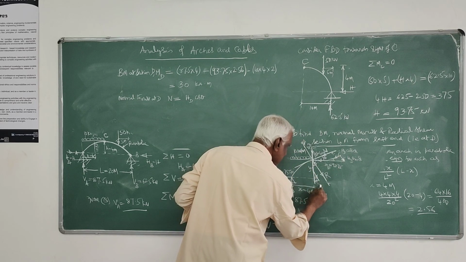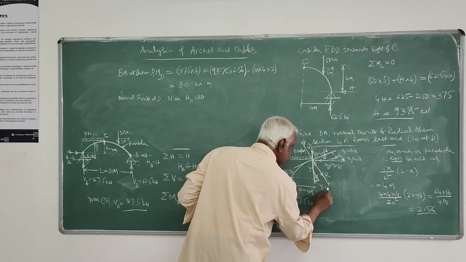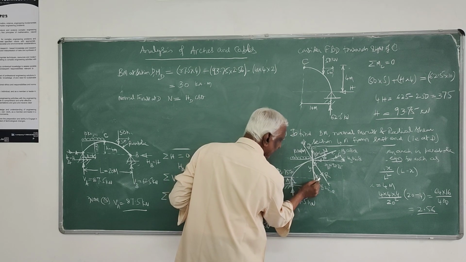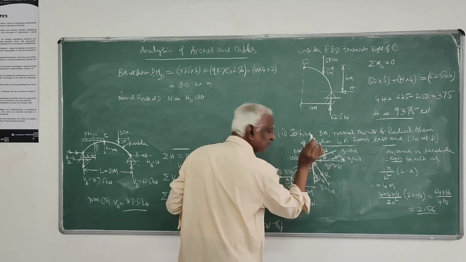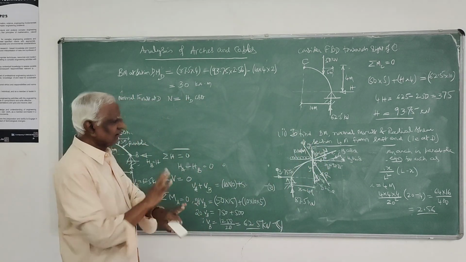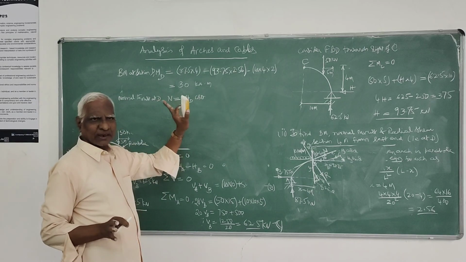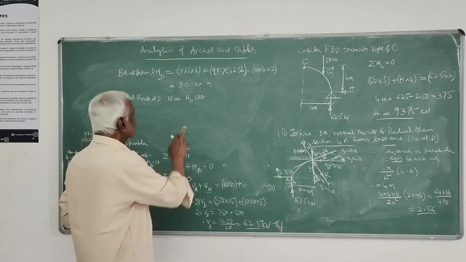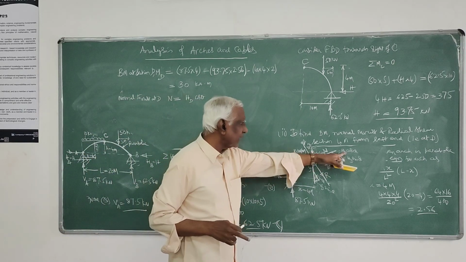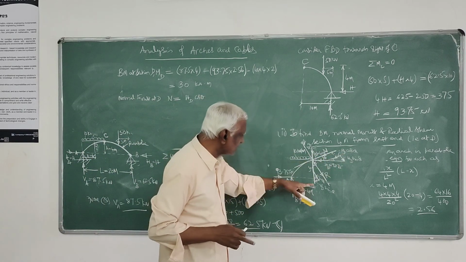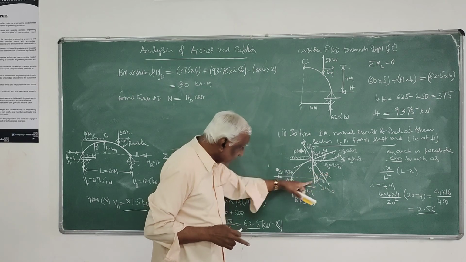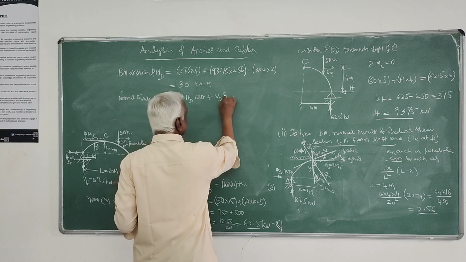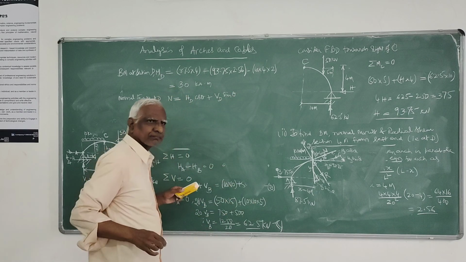Here, this is Vd sin theta, because this is the opposite side. This is Vd cos theta. That theta we will determine after that, again from the profile. So N is equal to Hd cos theta plus Vd sin theta.